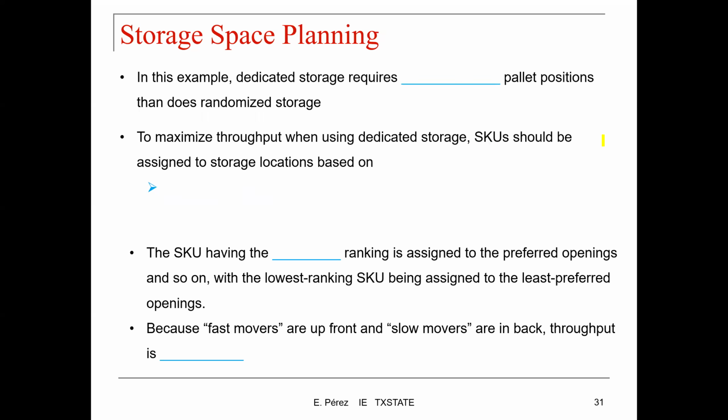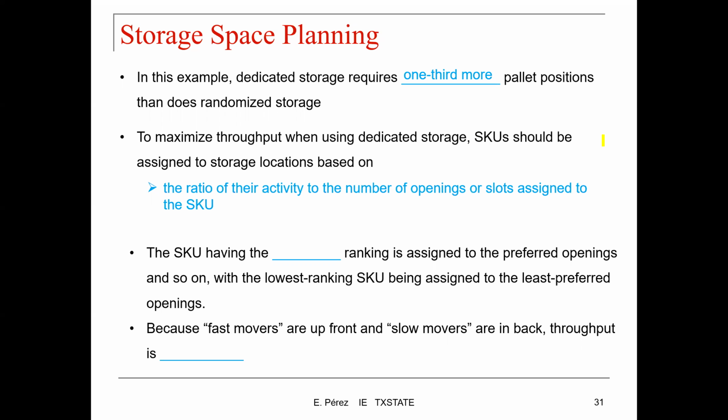So in this example, the dedicated storage requires 1/3 more pallet positions than does the randomized storage. To maximize throughput when using dedicated storage, SKUs should be assigned to storage locations based on the ratio of their activity to the number of openings or slots assigned to the SKU.